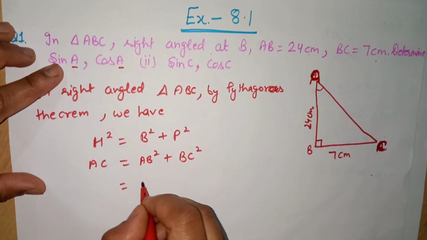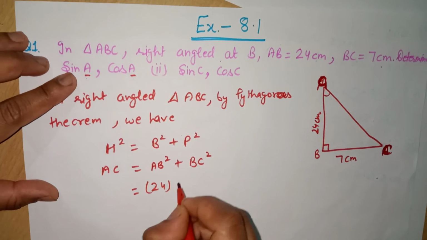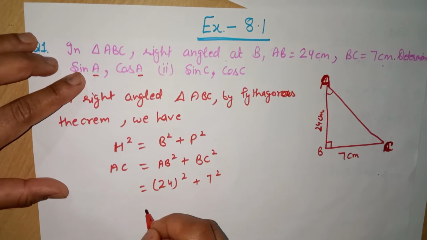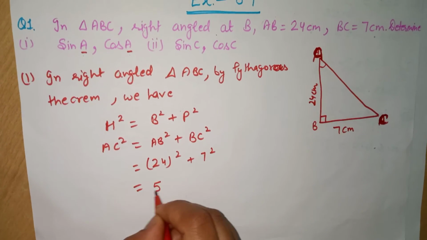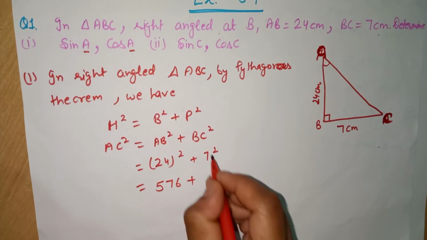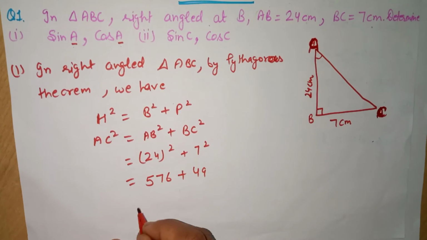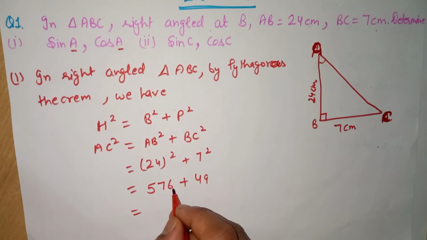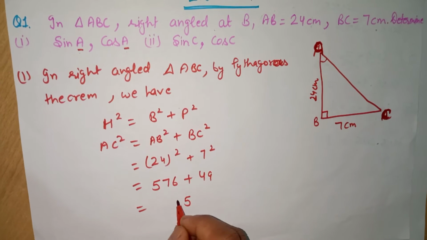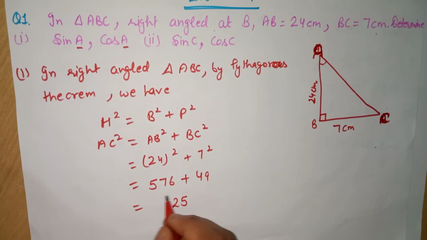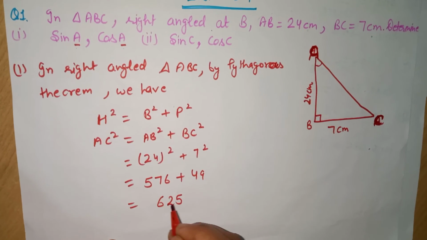So AC square is equal to 24 square plus 7 square. Now square of 24 is 576 and square of 7 is 49. If we add them, we get 625.